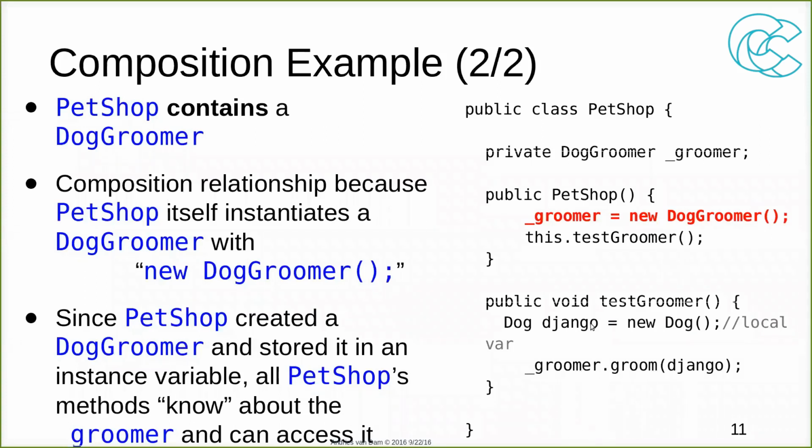No, because it's a local variable, right? A local variable will anyway get destroyed at the end of this method. So the first prerequisite is that it should be an instance level variable, and then it should be created in the constructor. Okay, thank you.